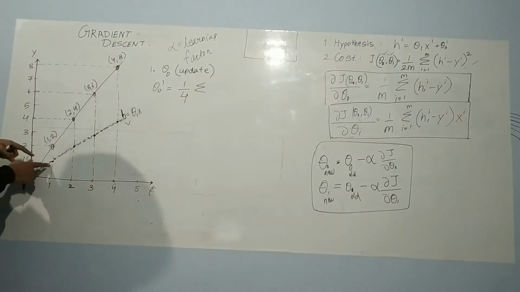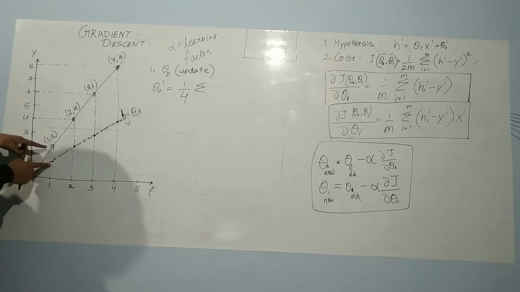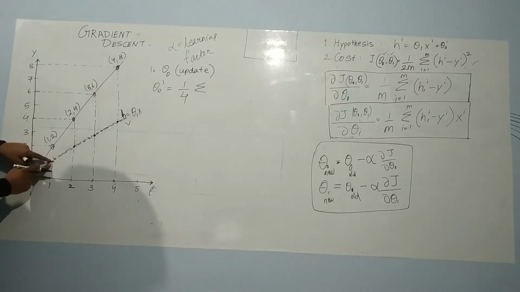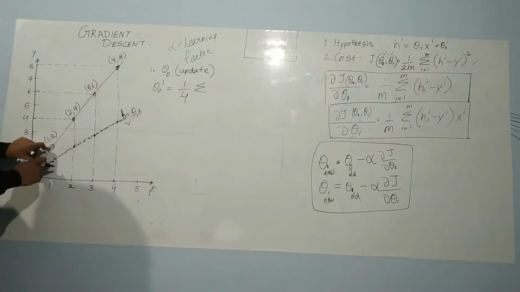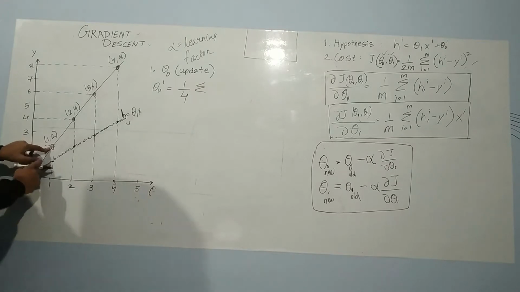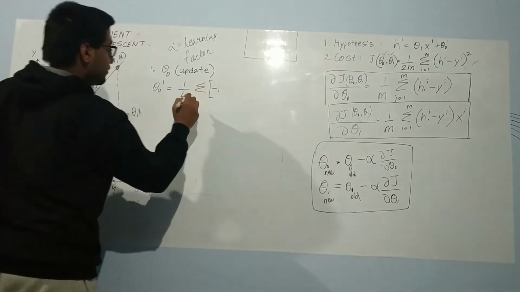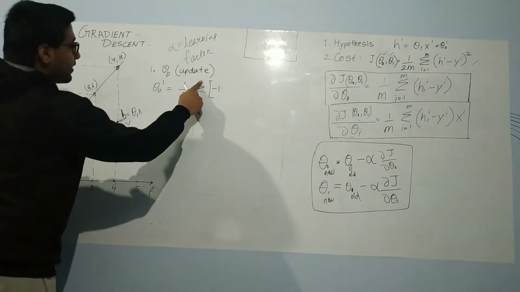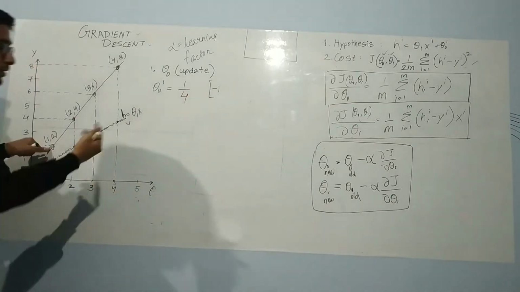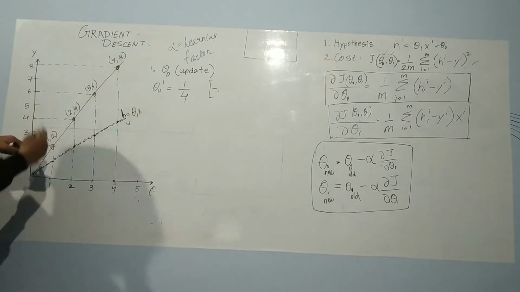Now h here is our predicted value and y is our actual value. So let's calculate the difference here, predicted value minus the actual value. For the first example, the predicted value is 1 and the actual value is 2. So predicted minus actual gives minus 1. Let's actually go to the summation term because we are actually summing them up.